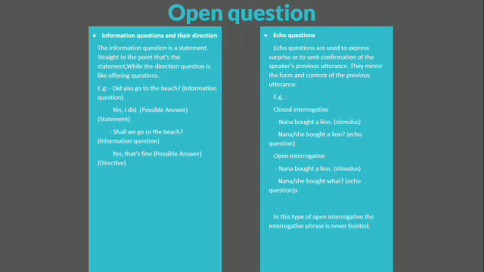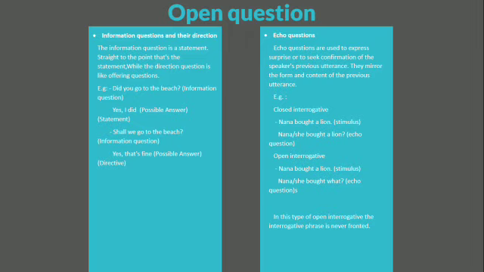And then we have echo questions. Echo questions are used to express surprise or to seek information about the speaker's previous utterance. They mirror the form and content of the previous utterance. For example, in closed interrogative, Nana bought a lion. This is the stimulus.